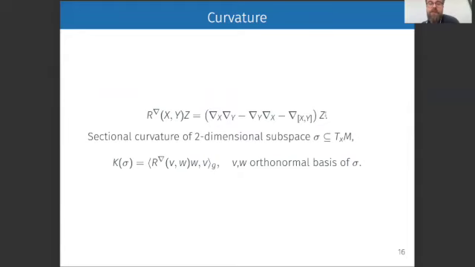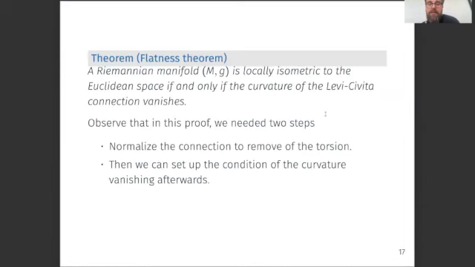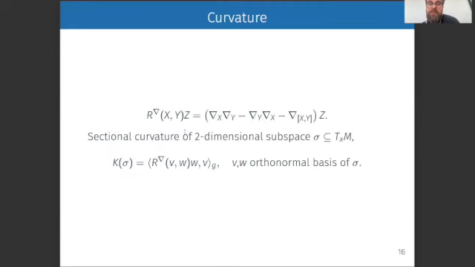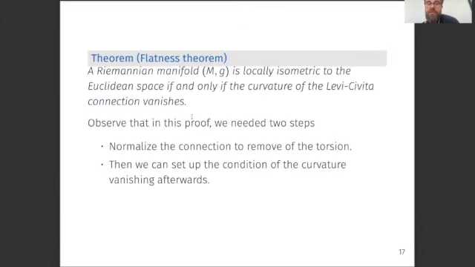We can then use this to define curvature, both the curvature tensor and the sectional curvature, which I'm denoting by K. And then in a Riemannian manifold, we can check if something is actually the Euclidean space by checking that all of these sectional curvatures vanish, or just checking that the curvature tensor vanishes.